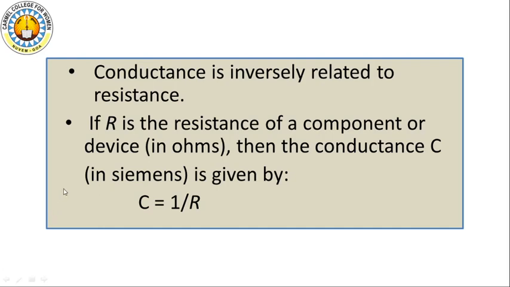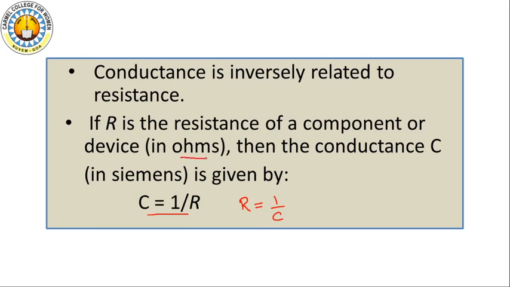Now conductance, we know, is inversely related to resistance. Conductance and resistance are reciprocals of each other. Here we have conductance is 1 upon R, or we can write resistance is 1 upon conductance.